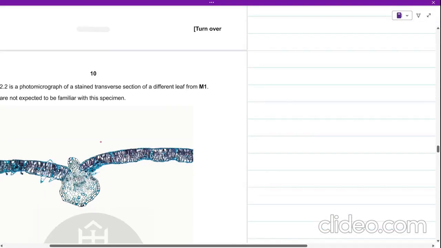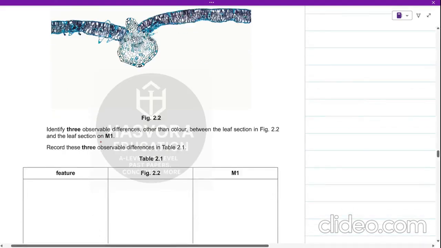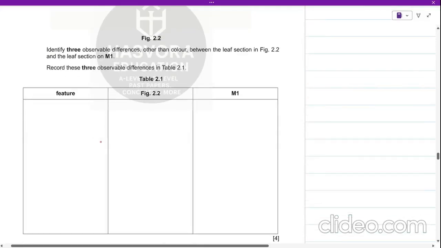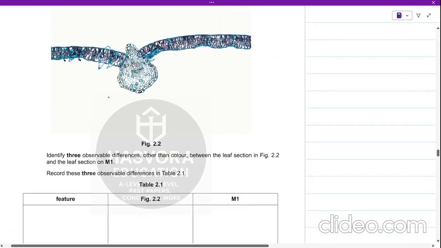Let's move on. Figure 2.2 is a photomicrograph of a stained transverse section of a different leaf from M1. You are not expected to be familiar with this specimen. Identify three observable differences, other than the color, between the leaf section in 2.2 and the leaf section in the M1 slide.